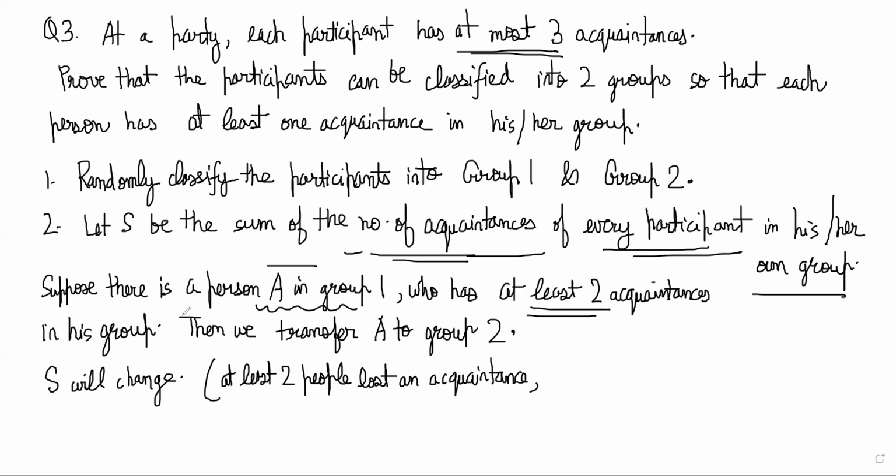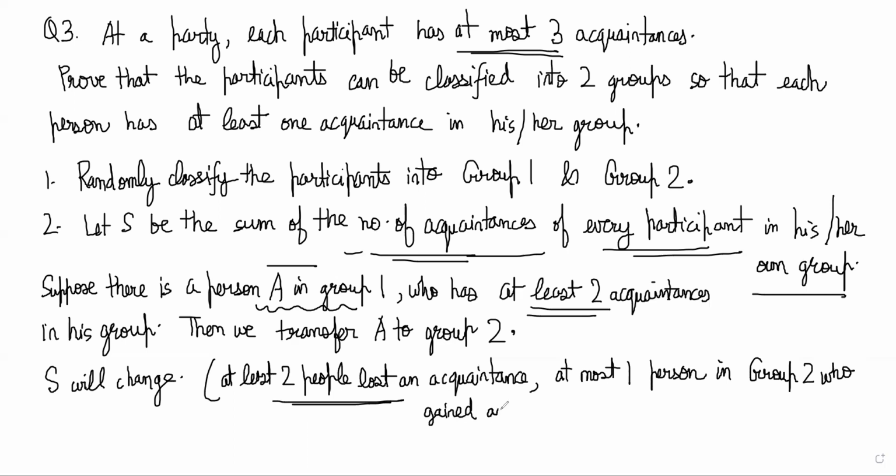But the point is that since there are at most 3 acquaintances, there are 2 people in group 1 who lost an acquaintance, but at most 1 person in group 2 who gained an acquaintance, right?